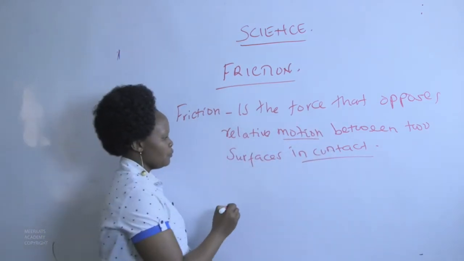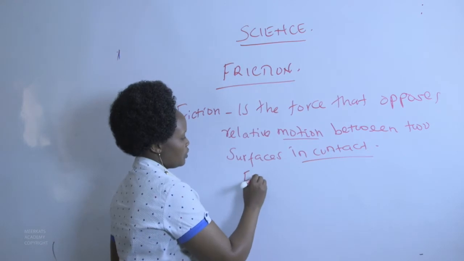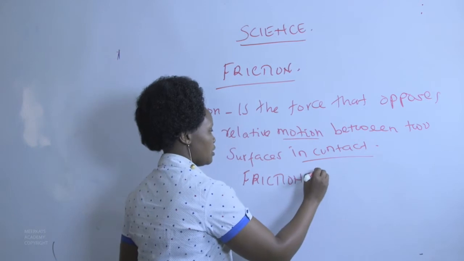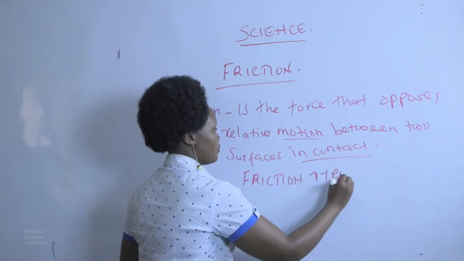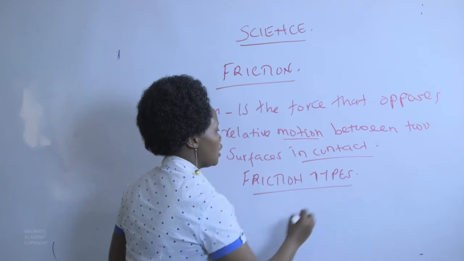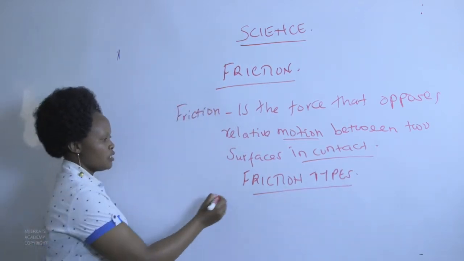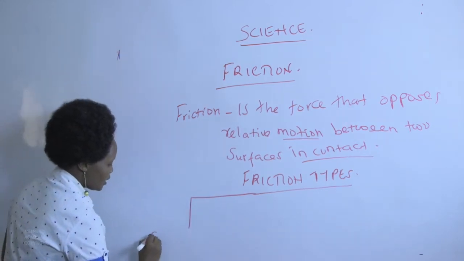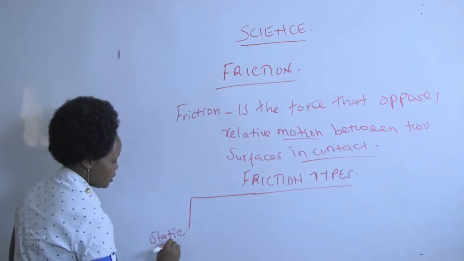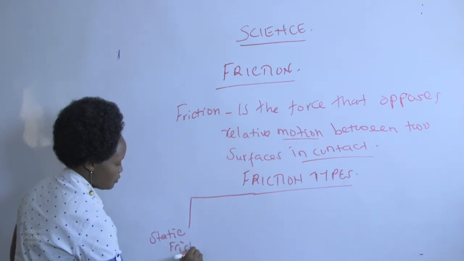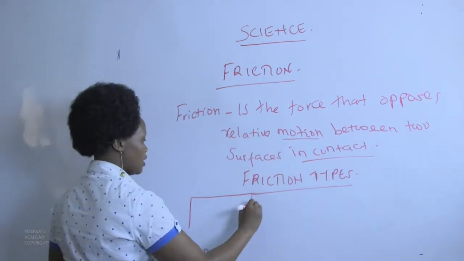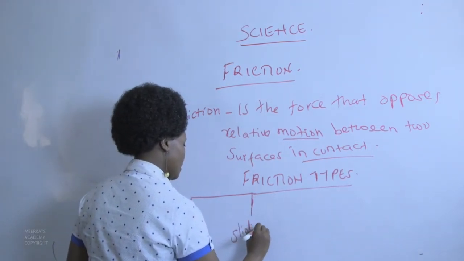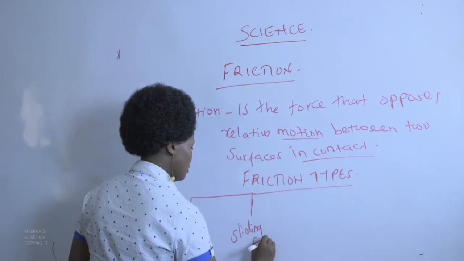Now, friction is of different kinds. And we have about 4 types of friction. One is what we call static friction. We have sliding friction.